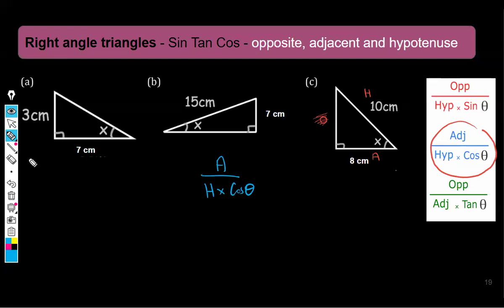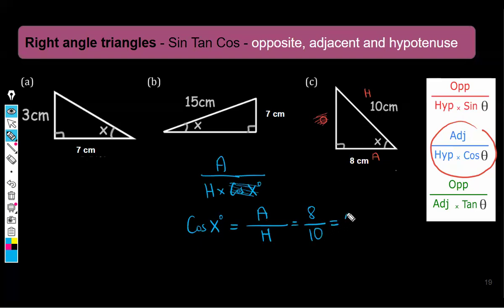So the name of the angle is X. We want to find X, so we put cosine X, right? If we're trying to find cosine X, we scratch this off. We're left with adjacent over hypotenuse. So the length of the adjacent is 8, and the length of the hypotenuse is 10.